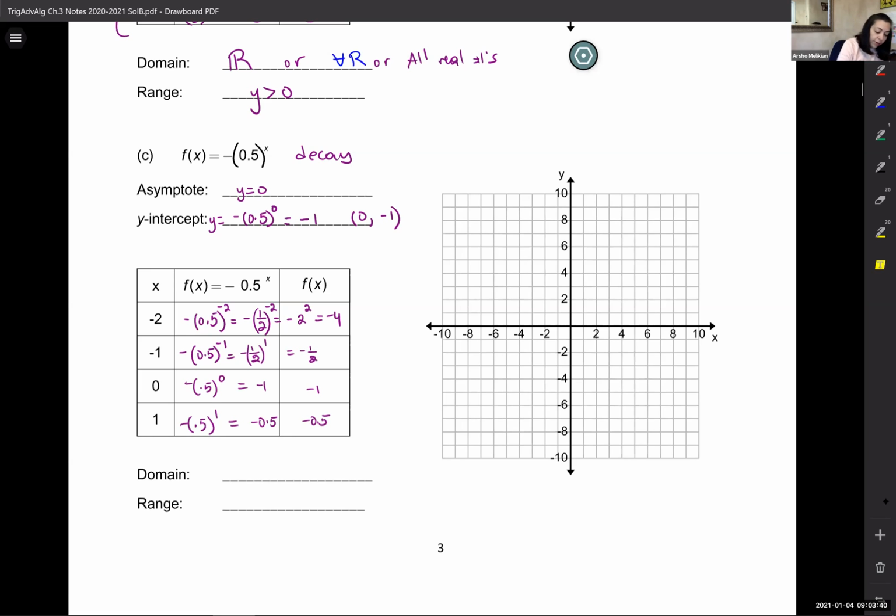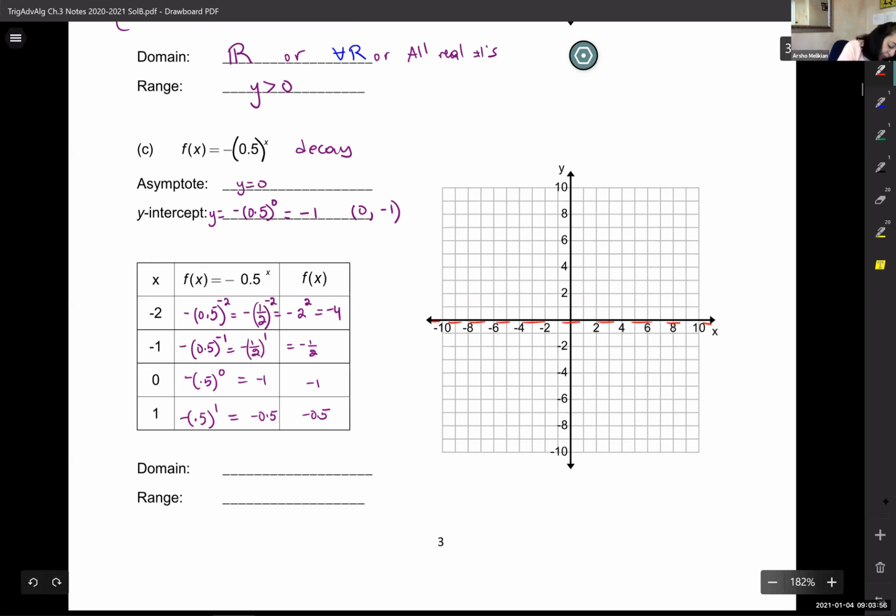All right, let's graph. Asymptote first. Okay. At x equals -2, we're at -4.